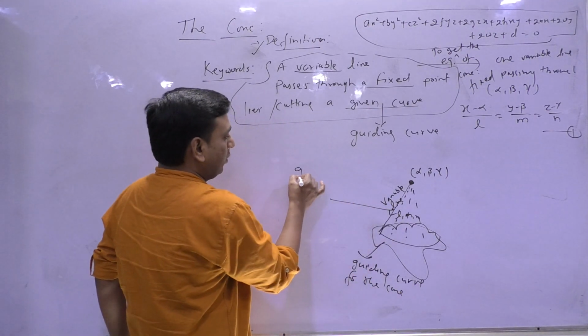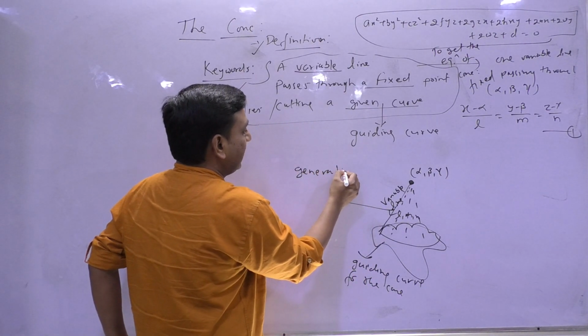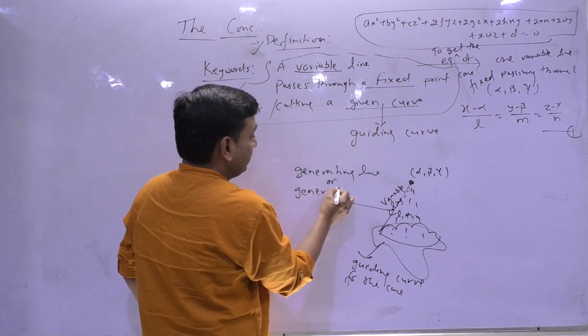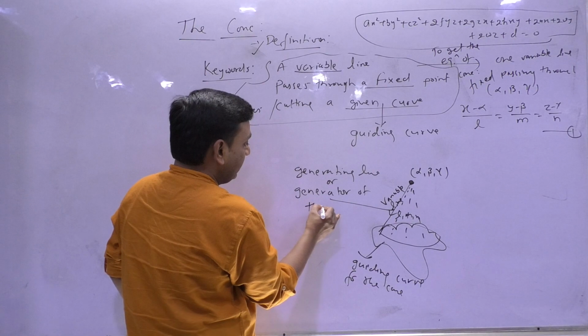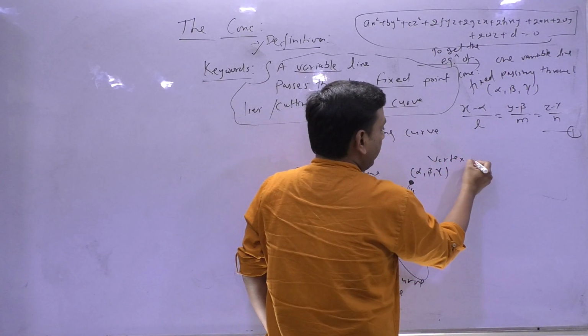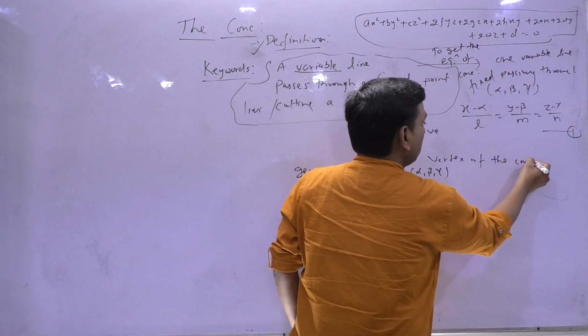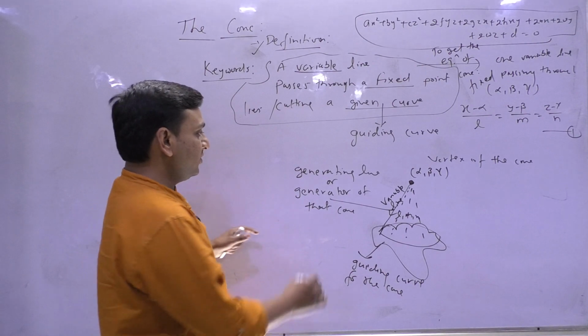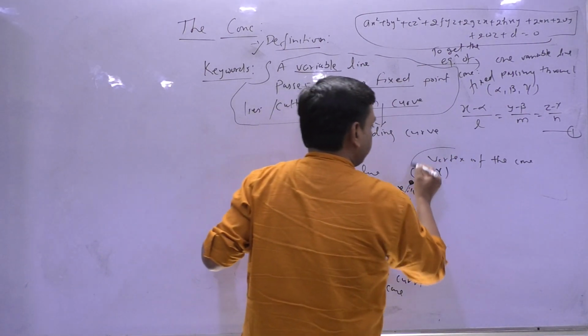This line will be called the generating line or generator of that cone. This point itself is called the vertex of the cone. Is that clear? So such terms will be used here.